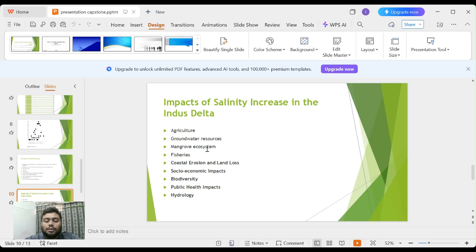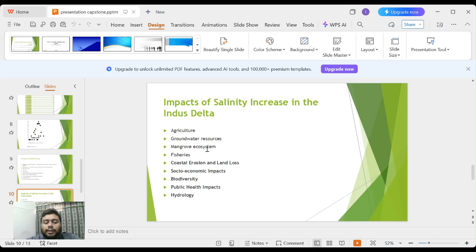As freshwater wetlands are reduced in the area, aquatic habitats will be reduced, so flora and fauna will be reduced. These are the impacts on biodiversity, and the socio-economic impacts will be higher due to the biodiversity loss affecting the local communities.